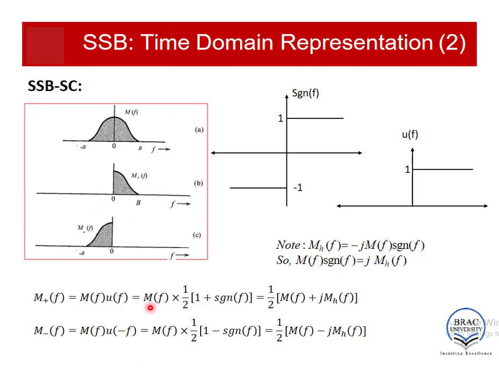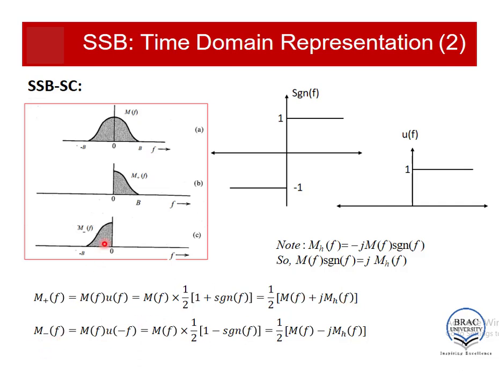Now we multiply M(f) with both parts, and the half is common. So this part will be M(f) and this part will be M(f) sgn f. As we know, M(f) sgn f is j M_h(f), so we can replace it. Ultimately, M plus f is half of M(f) plus j M_h(f). In a similar manner, we can achieve M minus f.